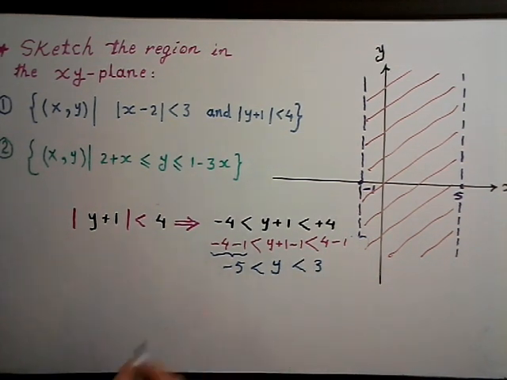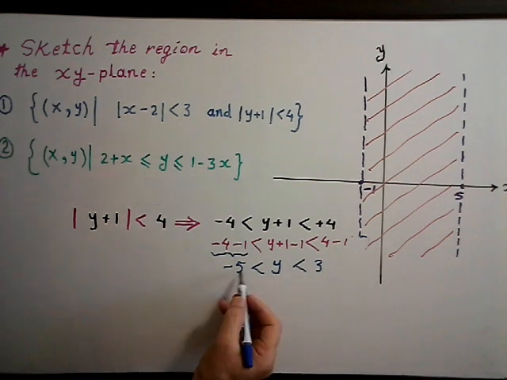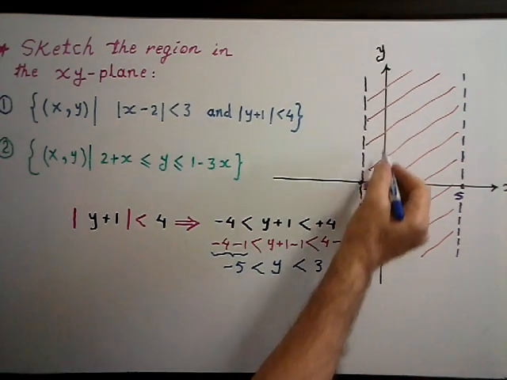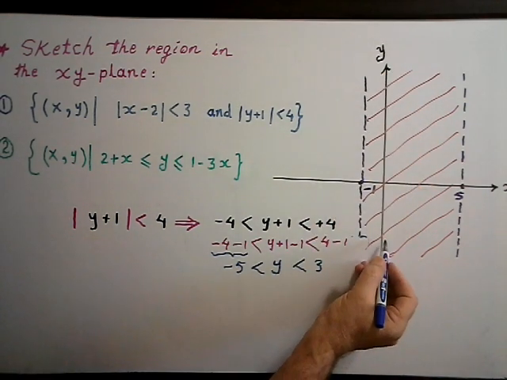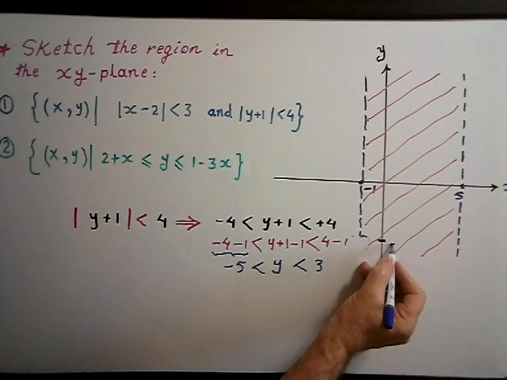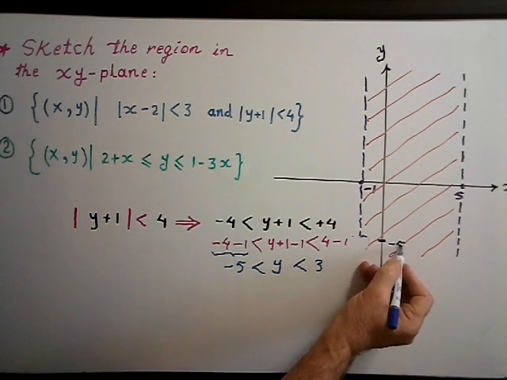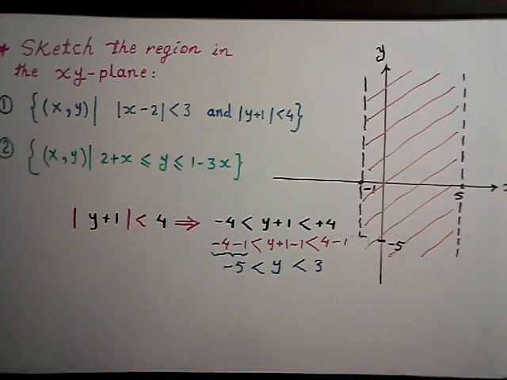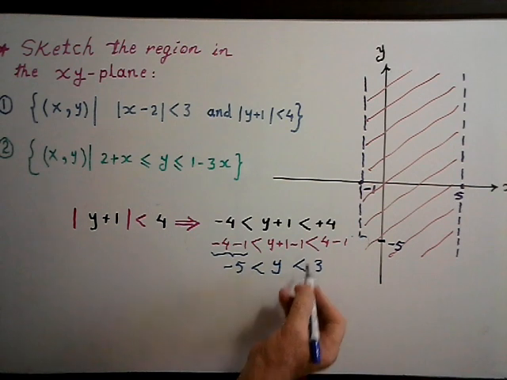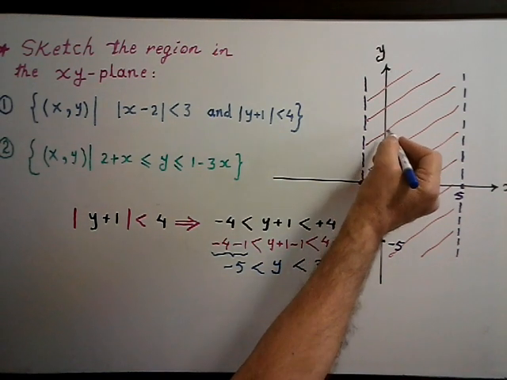And we will also draw the two lines representing the values, y is greater than -5. Here on y, we take -5 here. Let me see, -5 is here, and y is less than 3, that means +3 is here.